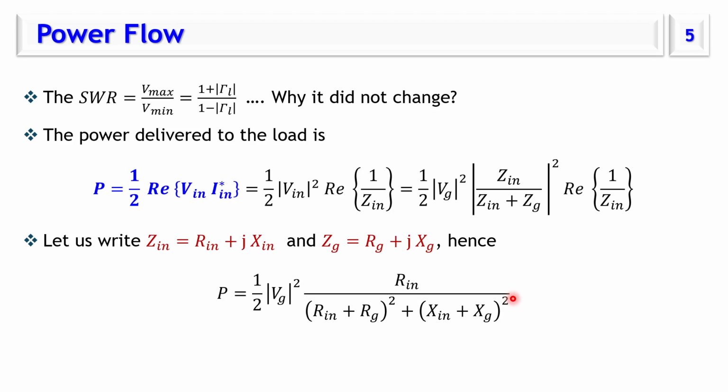I suggest that you prove this yourself, how this expression came about. What we are after is the real part of 1 over Zn. How can we reach this expression from here? I suggest that you do this derivation yourself, just to practice more complex number manipulation.